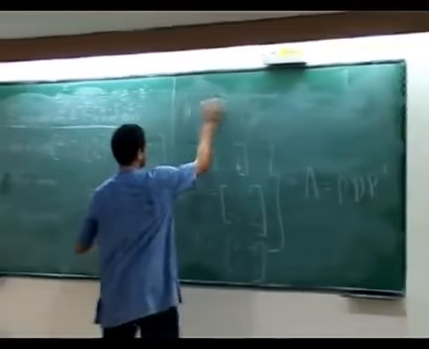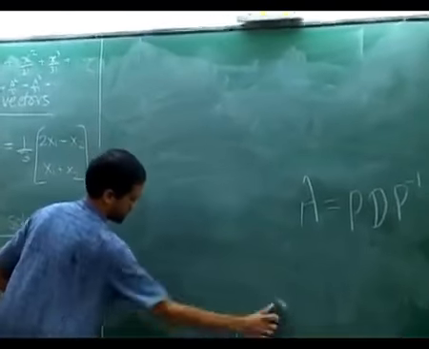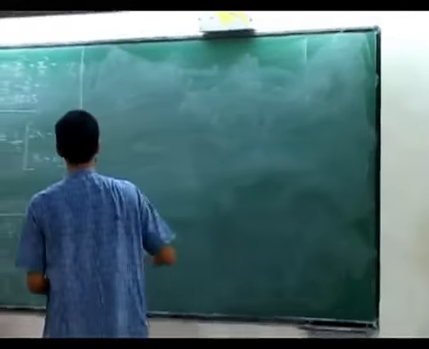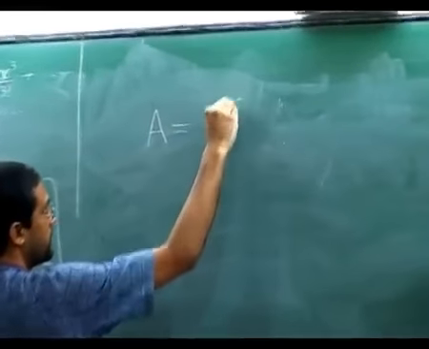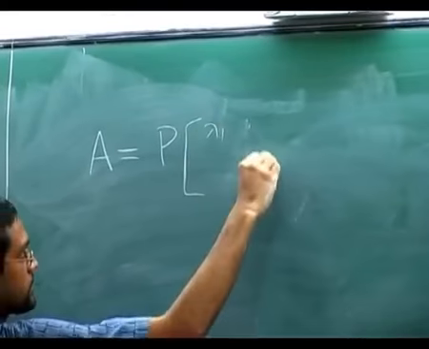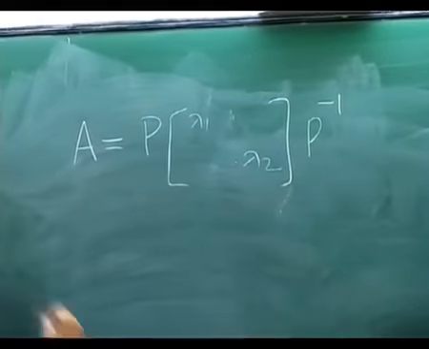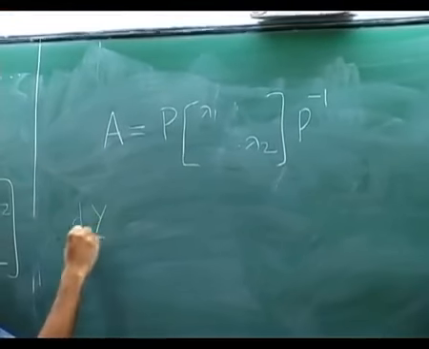So in general, what is the solution for y? Let me write this out properly. Say in an arbitrary 2 cross 2 situation, I will write P D P inverse. D will look like the two eigenvalues on the diagonal, times P inverse, and in this case I know what the equation for y looks like.